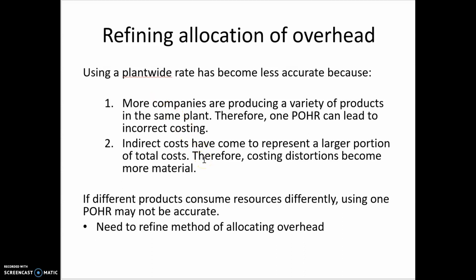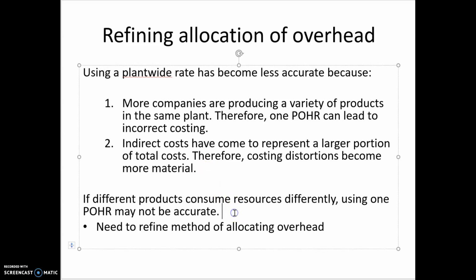And then as well, indirect costs have become a larger portion of the total cost. A lot of things are automated now. And so we're seeing that depreciation on the equipment, those types of things, are a bigger percentage of our total manufacturing overhead. So getting the allocation of overhead correctly is key to us being able to cost our product and then determine a price for our product.